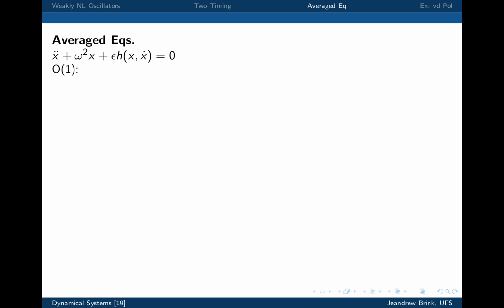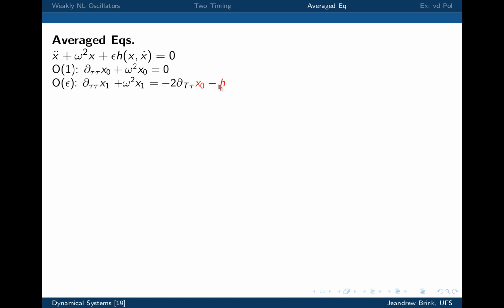Then you collect all the terms that don't have epsilon in them, for order 1, and you basically get this equation: two fast time derivatives of x0 plus omega squared times x0. If you collect the terms at order epsilon, you get two fast time derivatives of x1 plus omega squared x1, which equals minus 2 times the derivative with respect to slow time, the derivative with respect to fast time of x0, minus h.